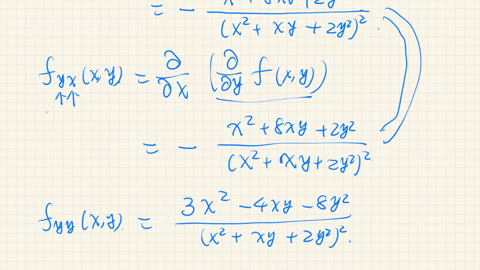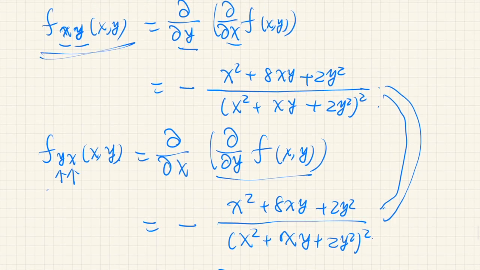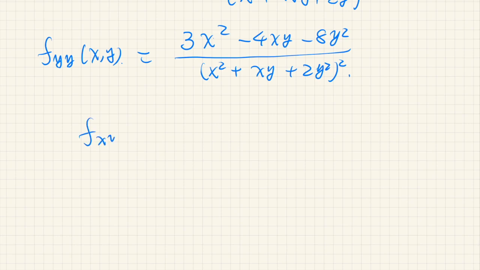This. Okay, so in this case, these two second derivatives, cross terms, I would say, let's call it, fxy and fyx, they are equal. So let's write it down. fxy is equal to fyx in this case.